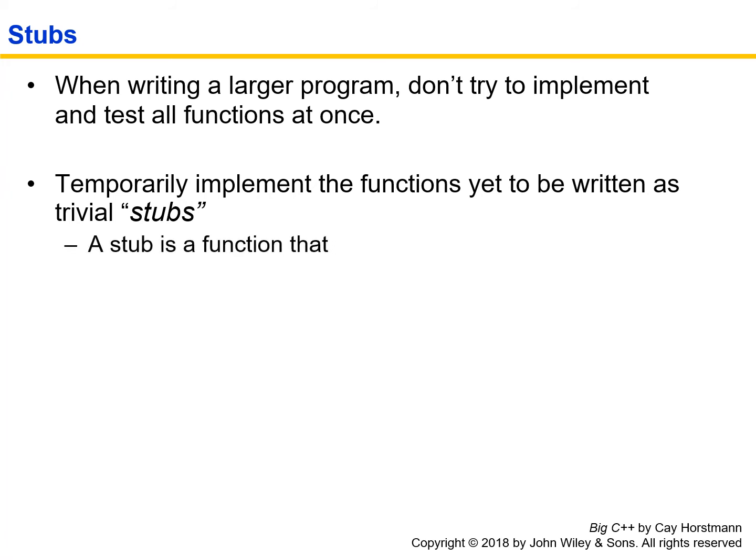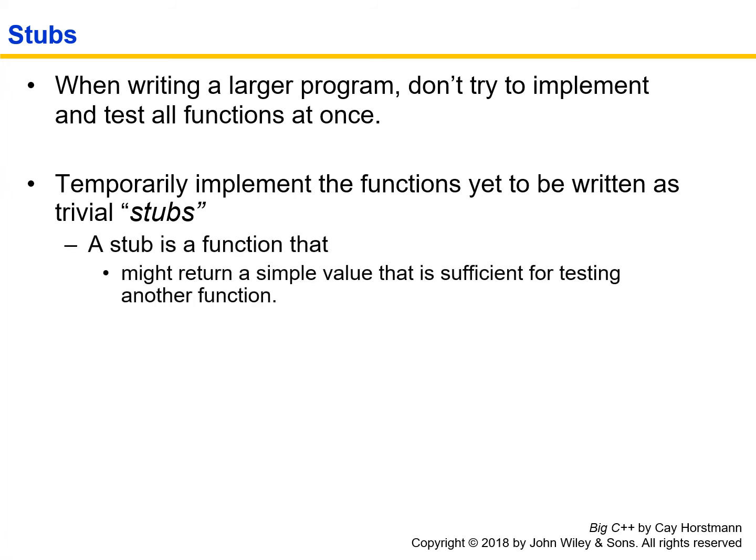And a stub is a function that might return a simple value sufficient for testing another function, like it might always return the number 1 if you're looking for an integer, or it might always return a string that just says, here's my string, or something like that.